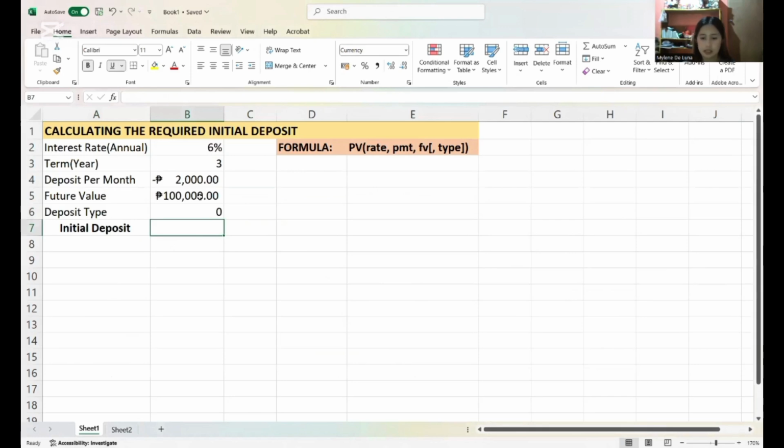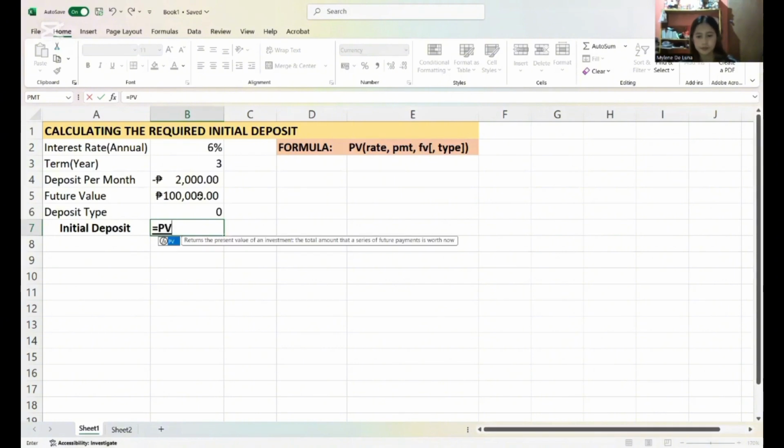And ang first natin gagawin is ilalagay natin ang PV and open parenthesis, then yung rate, i-divide natin siya sa 12 kasi ang equivalent ng 1 year is 12. And then, comma, then yung years.